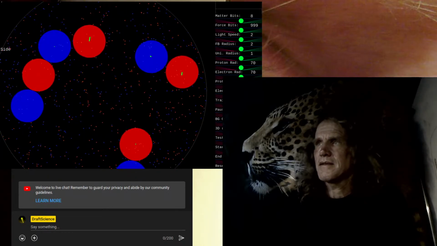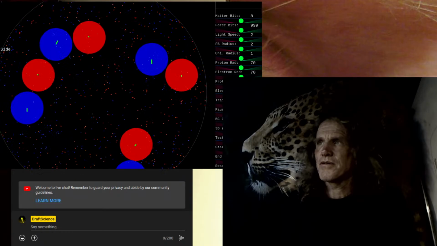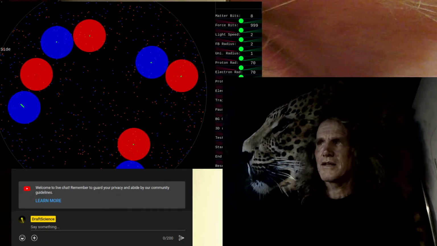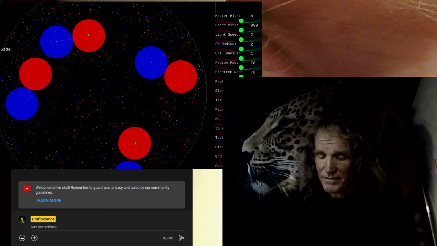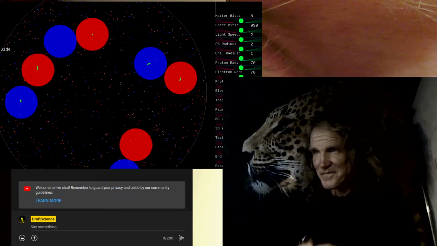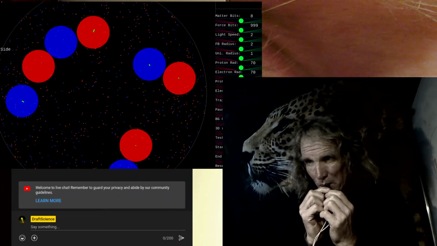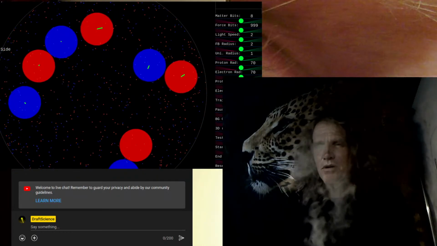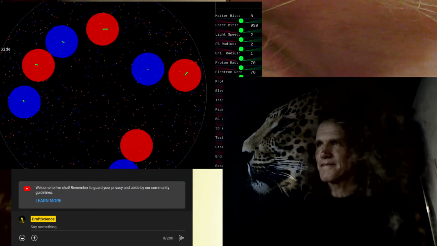Well, look at that. See, just proton, electron, proton, electron, proton, electron. Every single time, it does the same thing. Monopoles, dipoles.